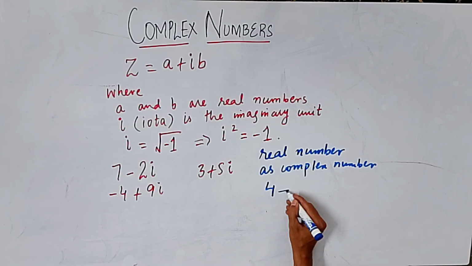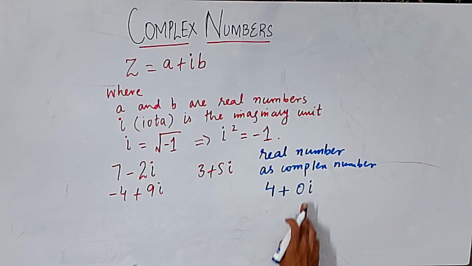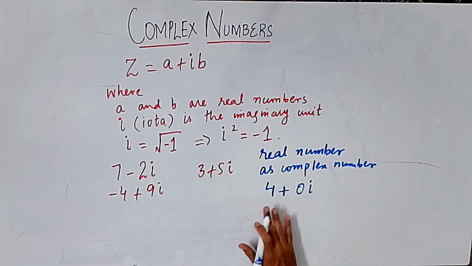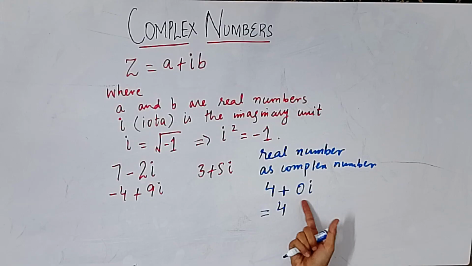How? We say that its imaginary part is actually 0. You know that when you multiply something by 0, it will get over. So a real number can be considered as a complex number, but its imaginary part is 0, right? These things are very important with respect to MCQs.